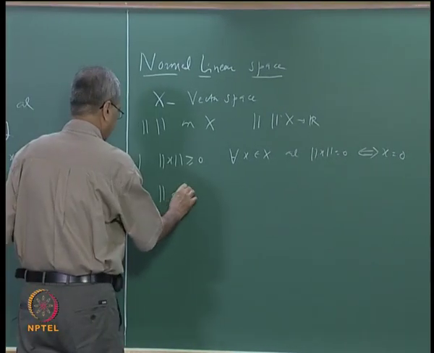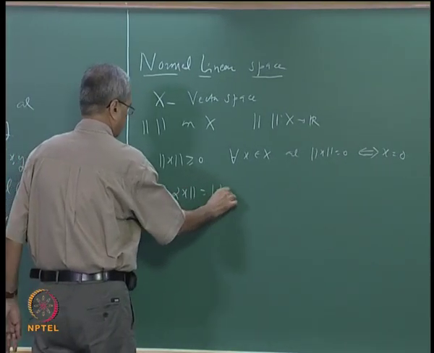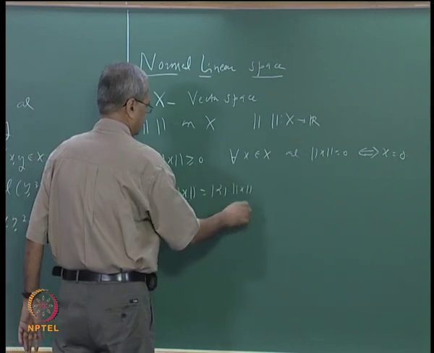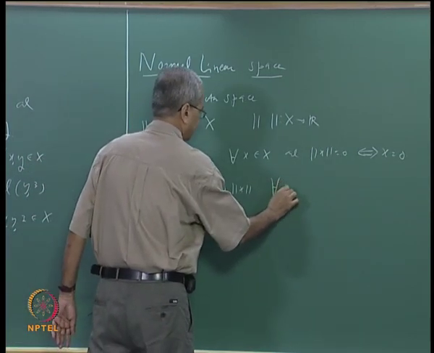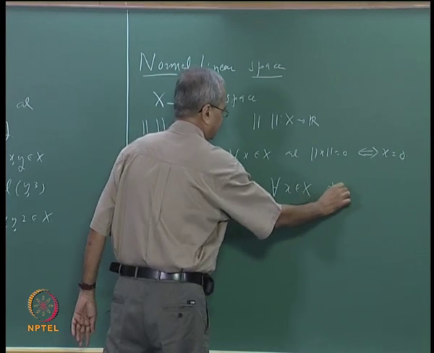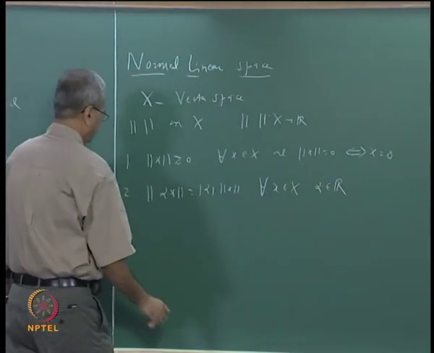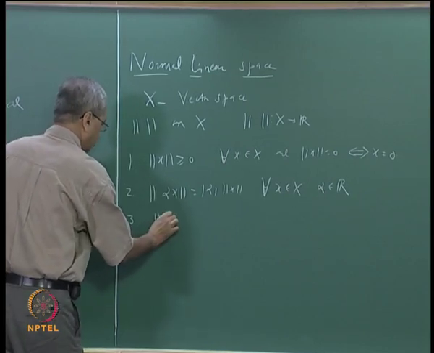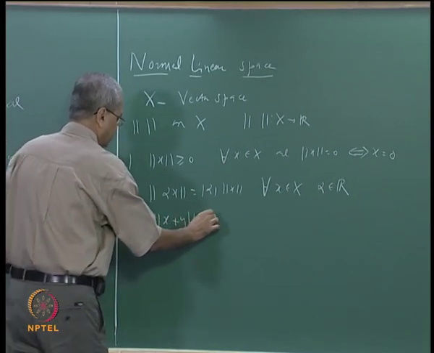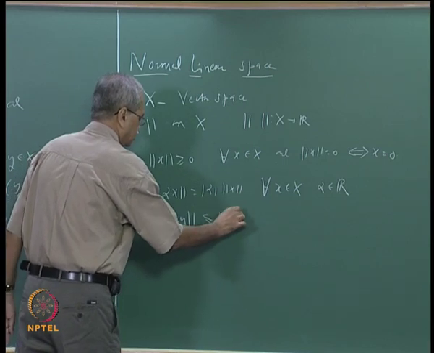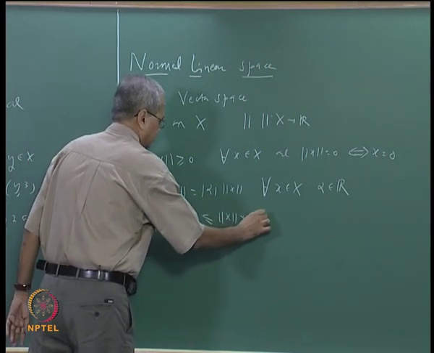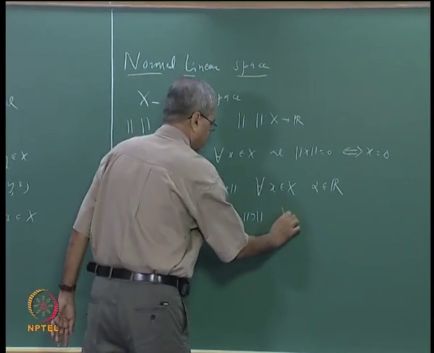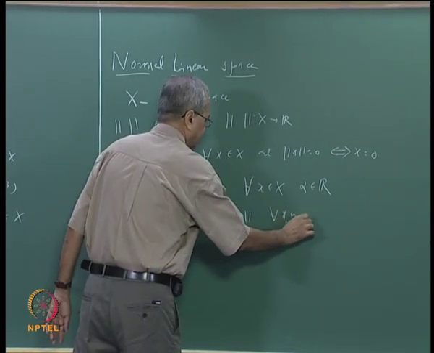The second is norm of alpha times x is mod alpha times norm x. This is true for every x in X and alpha in R. And finally the property we had called triangle inequality takes this form: norm of x plus y is less than or equal to norm x plus norm y. This is true for every x, y in X.